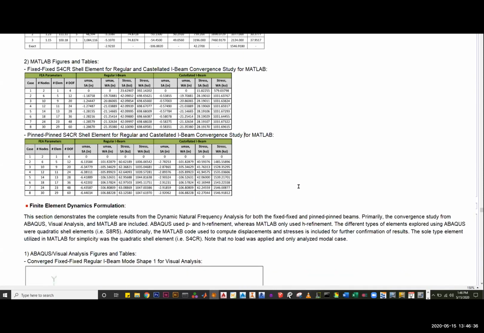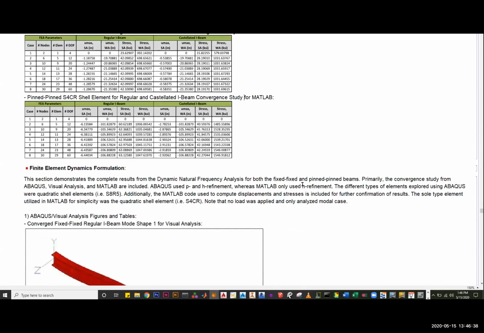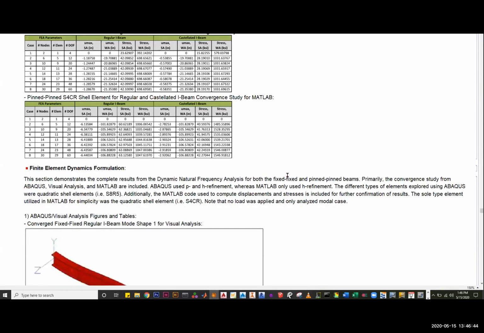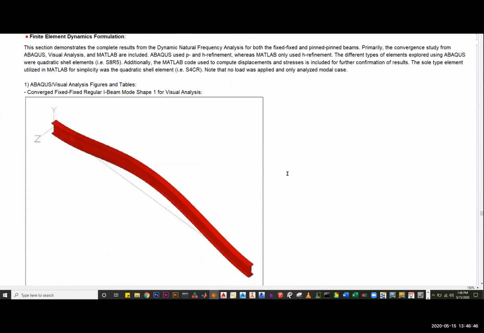Now I'll go over the Lagrangian results for dynamics and buckling in Abaqus.